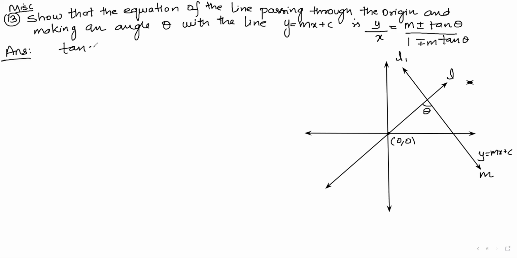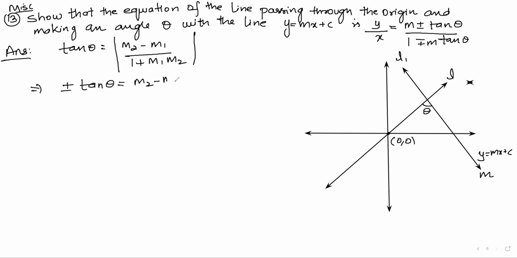Tan theta is equal to m2 minus m1 by 1 plus m1 into m2. Okay, modulus of this. Now, whenever we remove this modulus, we will get a positive and negative sign.